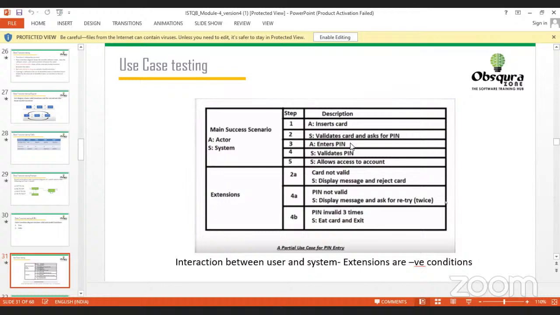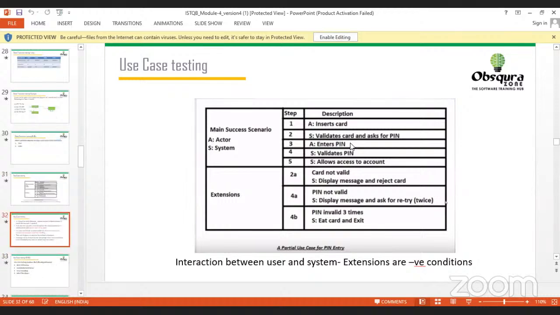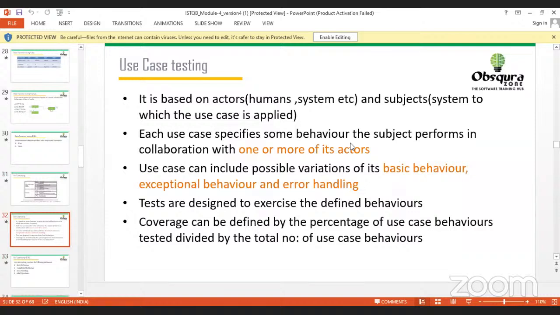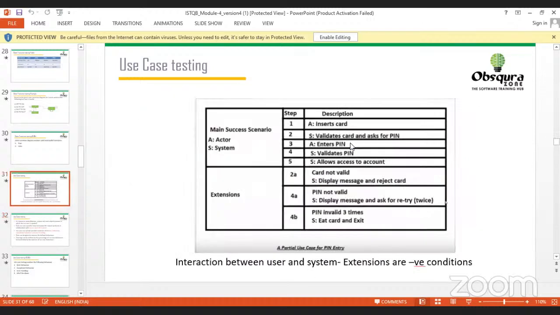Okay. So this is what is meant by use case. This is how we do use case testing. It is based on the characters: human, system, etc., and subjects. Subject is the system to which the use case is applied. So actors means the end user, who can also be different people, right? If I am a normal user, inserting the card and taking money withdrawal is my purpose, I am the end user.